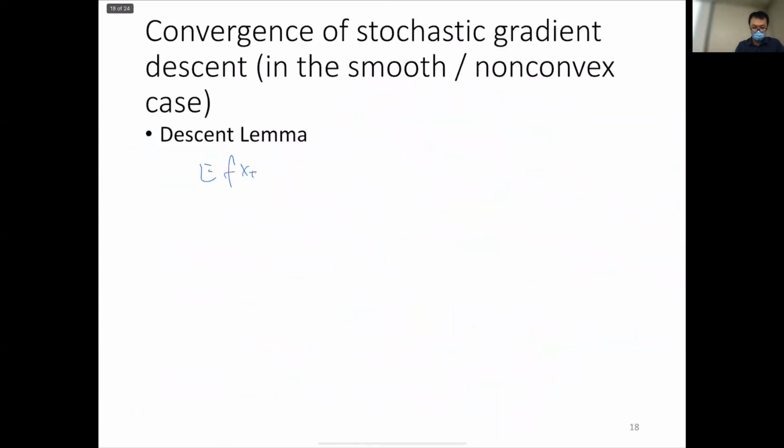So this is f of x_{t+1} smaller than the expected value of f of x_t, minus half eta expected gradient norm squared, plus half beta eta square d sigma square.